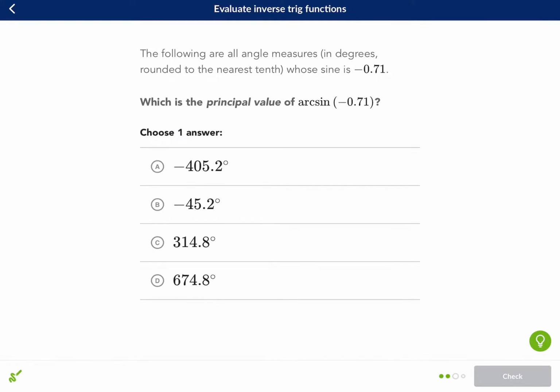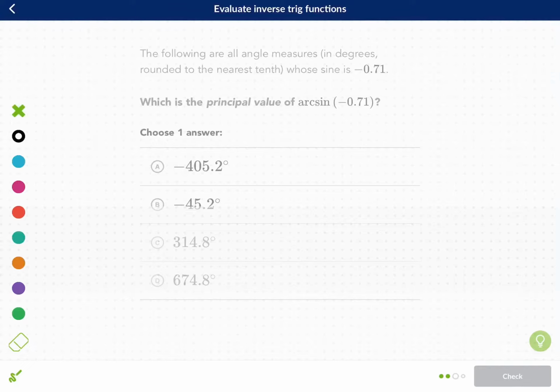Okay, so this one says the following are angle measures in degrees. That's going to be important. Rounded to the nearest tenth, whose sine is negative 0.71. What is the principal value? If we look at our unit circle, our values repeat.